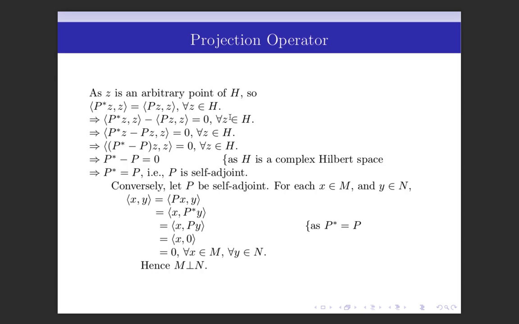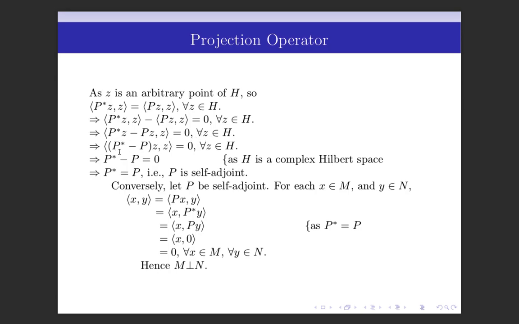So we have this. And this implies that the inner product of P star z and z minus the inner product of Pz and z is equal to 0 for every z belonging to H. And then, by the definition of inner product, we can write the inner product of P star z minus Pz and z is equal to 0.